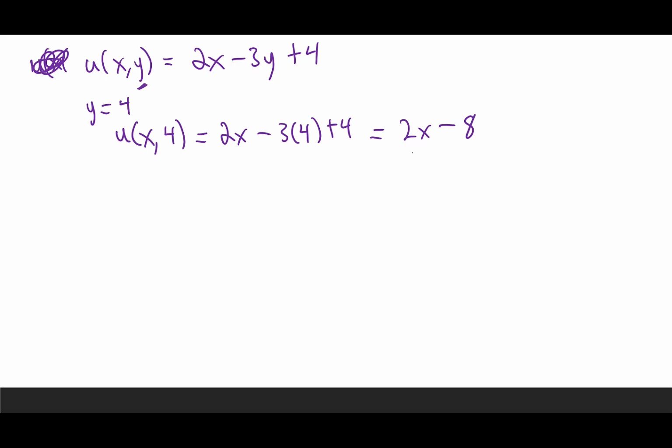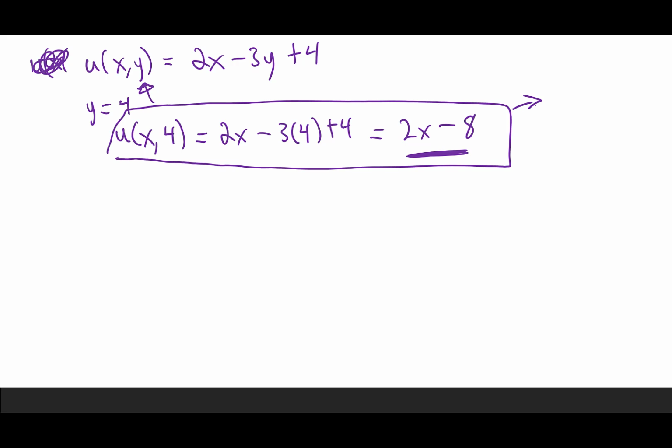And notice what do we have over here? We have now a single variable function u of x. Knowing that your second coordinate here is constant actually turns your function into a nice single variable function.